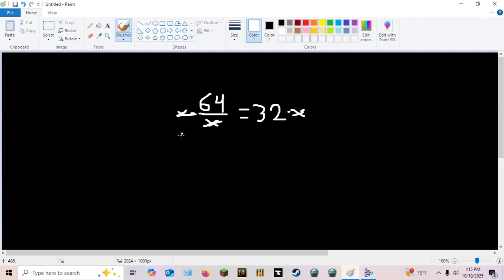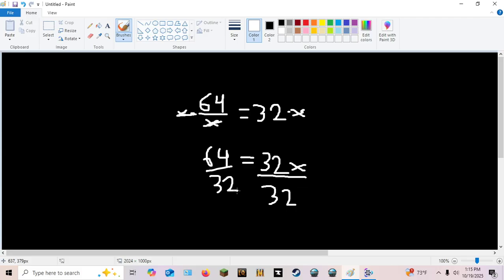And then giving us 64 equals 32x. I need to divide both sides by 32. And then 32 divided by 32 is 1, leaving us with x. And then 64 divided by 32 is 2. And then 2 is equal to x.